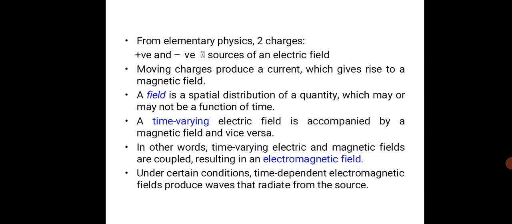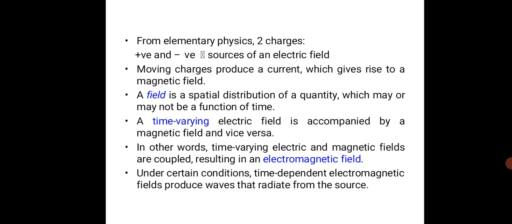From elementary physics, we know there are two charges, positive and negative, which form the sources of an electric field. Moving charges produce a current which gives rise to a magnetic field. A field is a spatial distribution of a quantity which may or may not be a function of time.